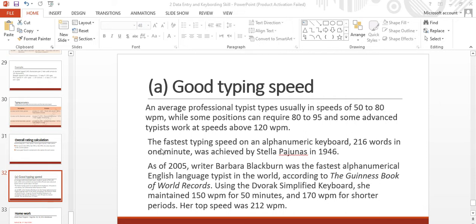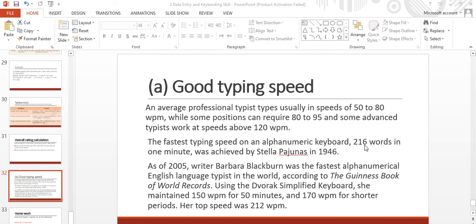The fastest typing speed on an alphanumeric keypad, 216 words in 1 minute, was achieved by Stella Pajunas in 1946. She was the first to achieve the fastest typing speed.